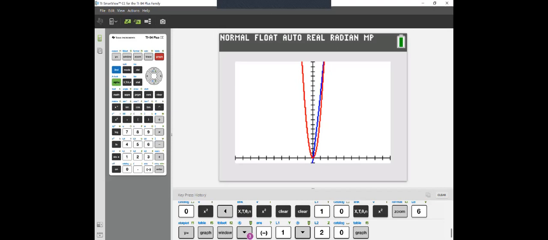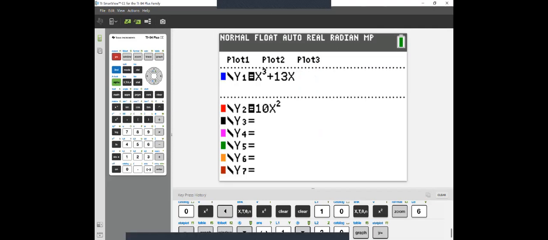Emma, you're looking like... okay, let me take a look. It could be the minus is wrong too, because it's x cubed. Did I miss? It could be that I hit a wrong button. x cubed plus 13x. Yeah. All right.